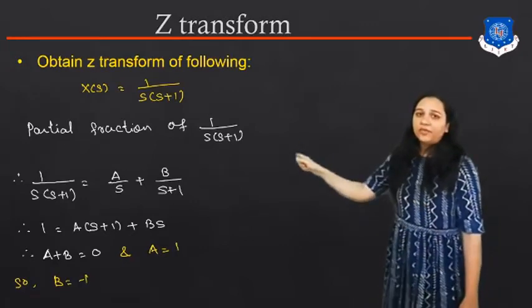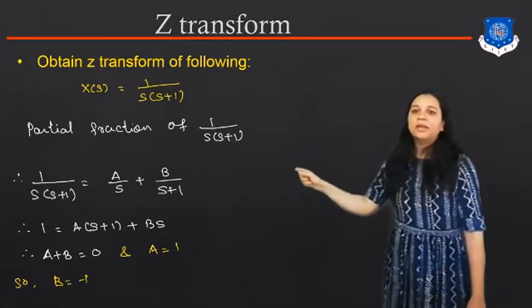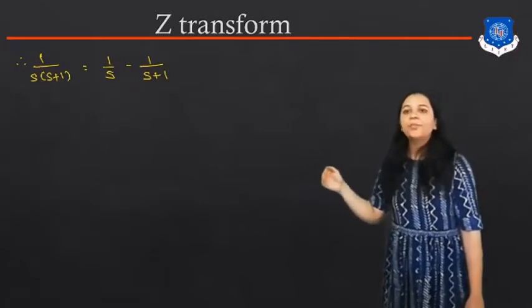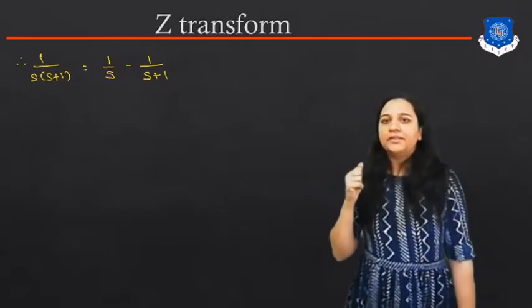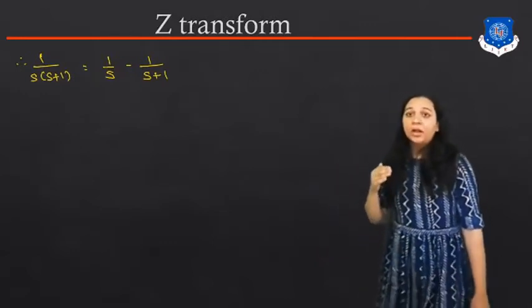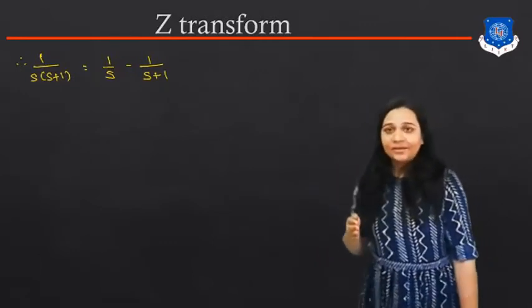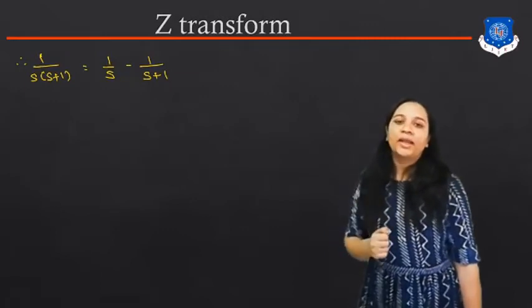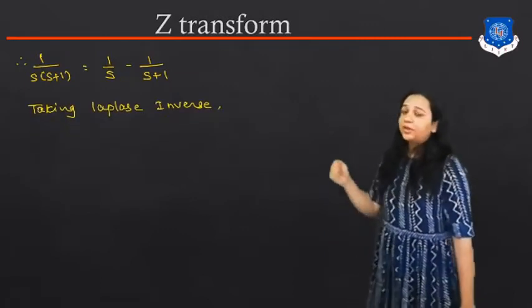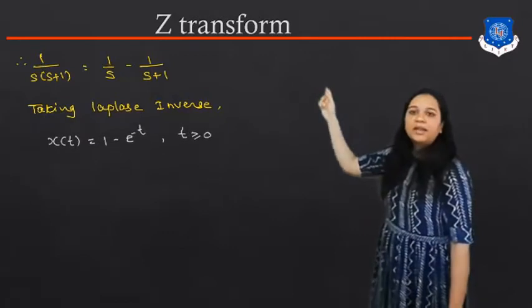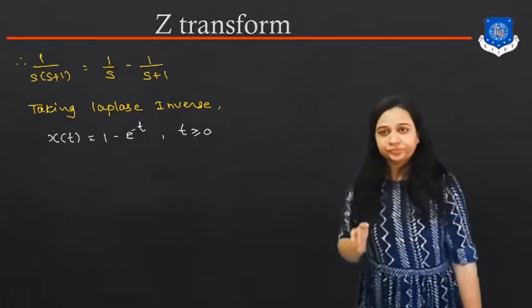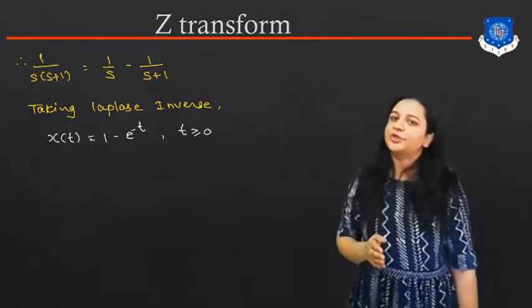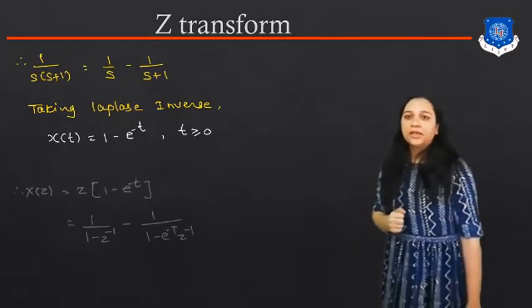Put the values of A and B in this equation and we get 1 upon s into s plus 1 equal to A equal to 1, that means 1 by s, plus B equal to minus 1, so minus 1 upon s plus 1. Okay, so taking the Laplace inverse, we get x of t equal to 1 minus e raised to minus t, for t greater than or equal to 0.